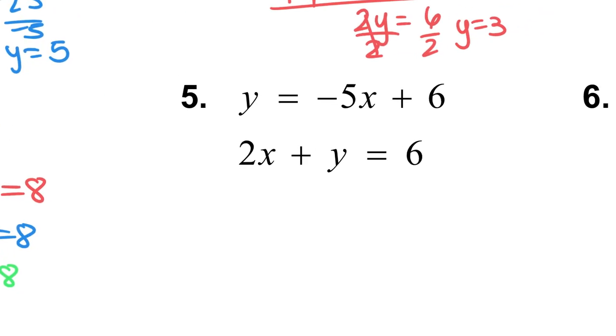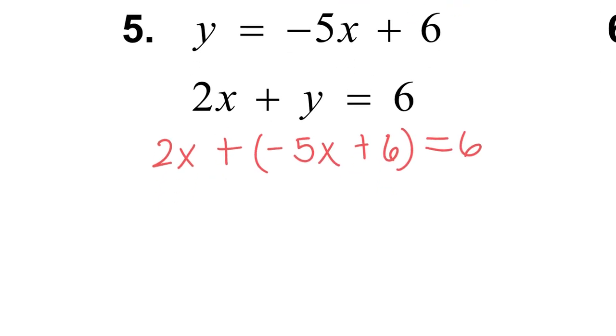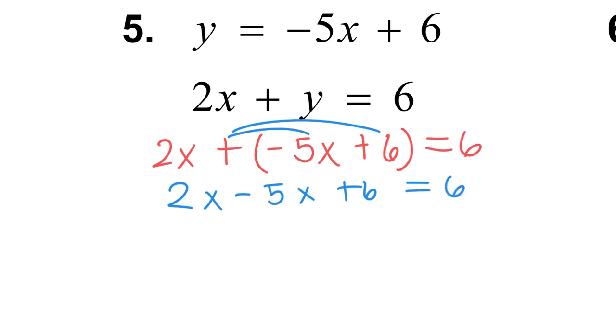Number 5. Again, we have a slope-intercept form, so I will use substitution. I will have 2x plus, again, parentheses, negative 5x plus 6 equals 6. I would distribute. I'm going to be left with 2x minus 5x plus 6 equals 6.